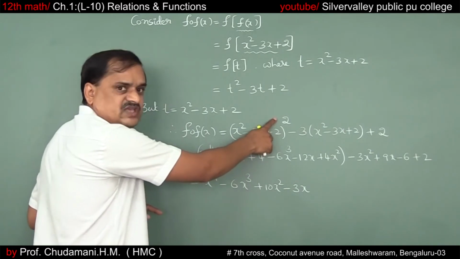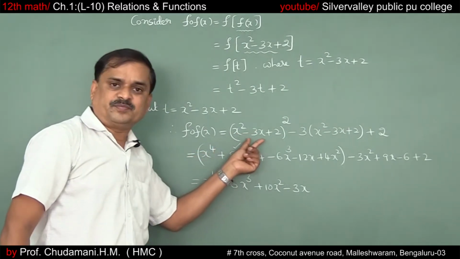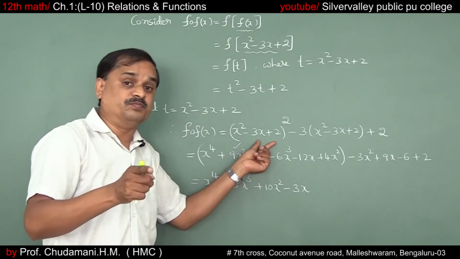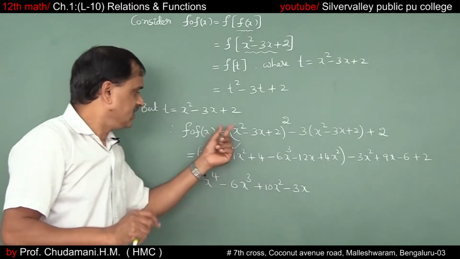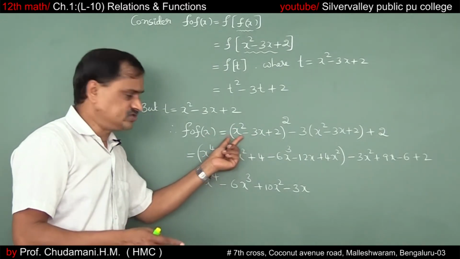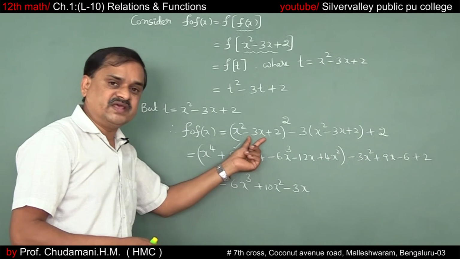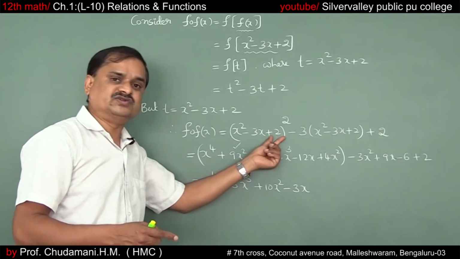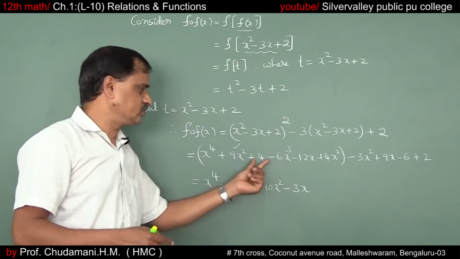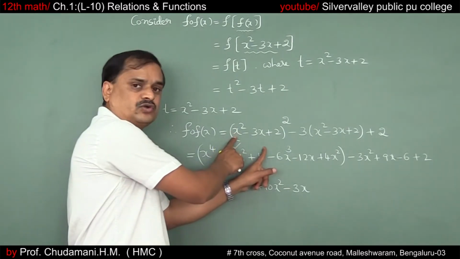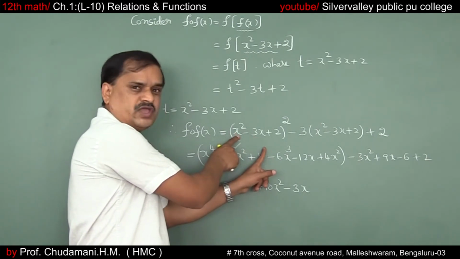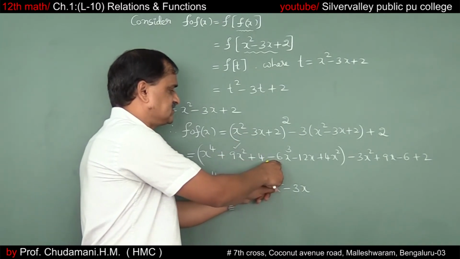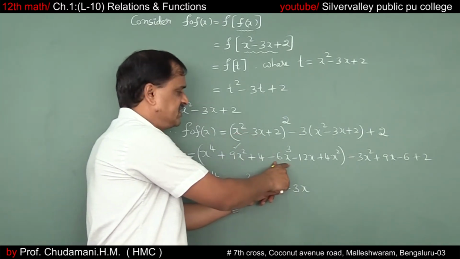Use the (a plus b plus c) whole square formula: a square plus b square plus c square plus 2ab plus 2bc plus 2ca. I'll expand this. x square whole square, x power 4. Minus 3x the whole square means 9x square, plus c square, 2 square means 4. Then 2a into b, 2 into x square into minus 3x means 2 into minus 3, minus 6, x square into x means x cube.